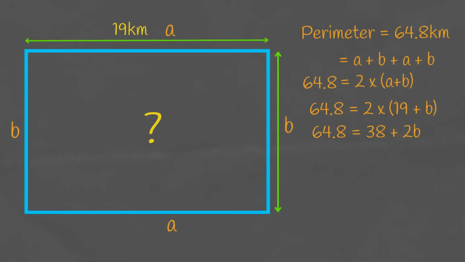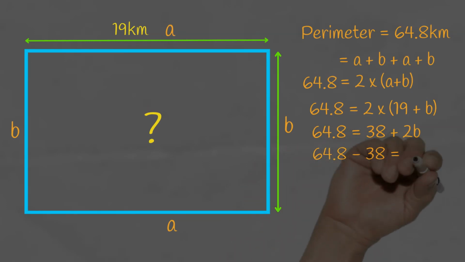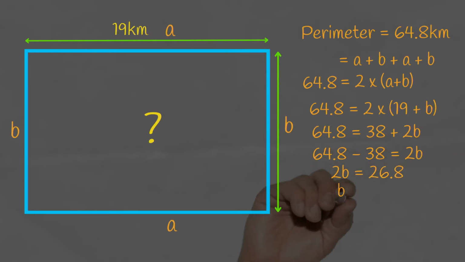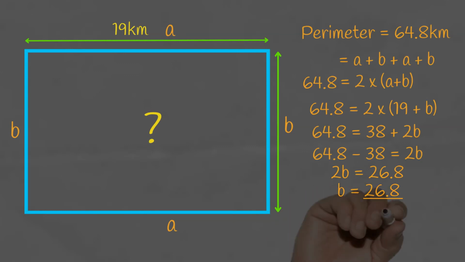Then if we subtract 38 from both sides, we get 64.8 minus 38 is 2B. So 2B is equal to 26.8. So B is 26.8 divided by 2. So B is 13.4 kilometres.